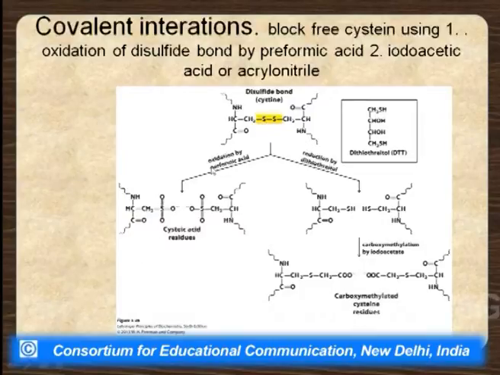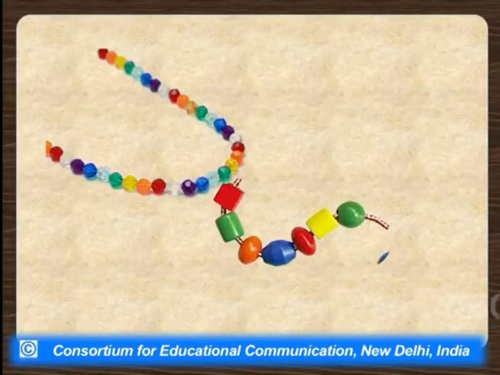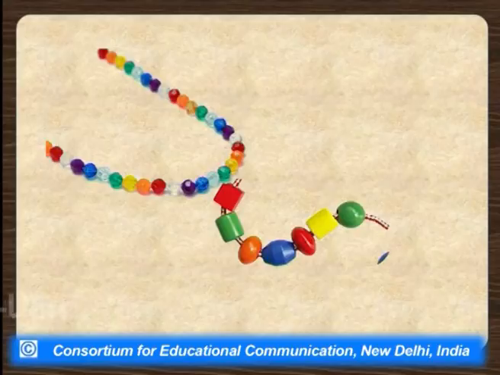Another method is oxidation by performic acid, and this performic acid will again block the cysteine residues by forming cysteic acid. So, once you have taken care of the cysteine disulfide bonds and the covalent interactions, we can now proceed with our sequencing.